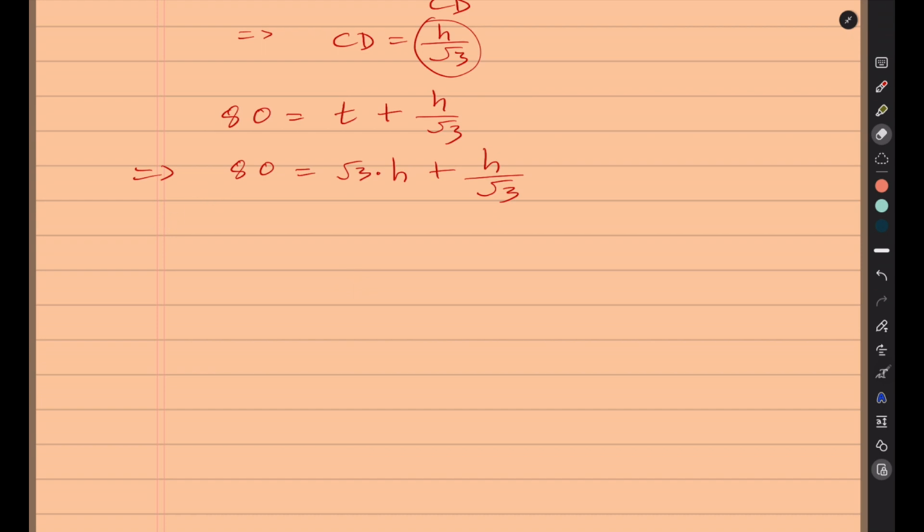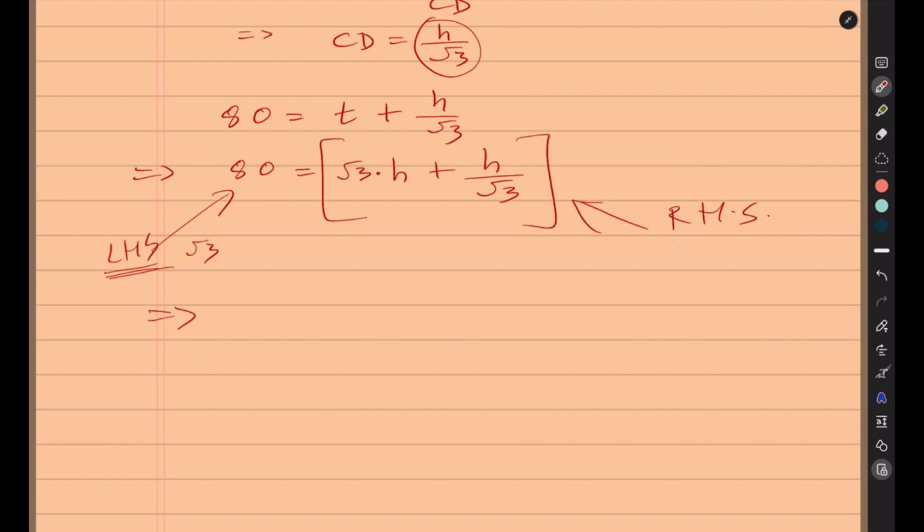As this is LHS, left hand side, and this is RHS, multiply both sides by root 3.